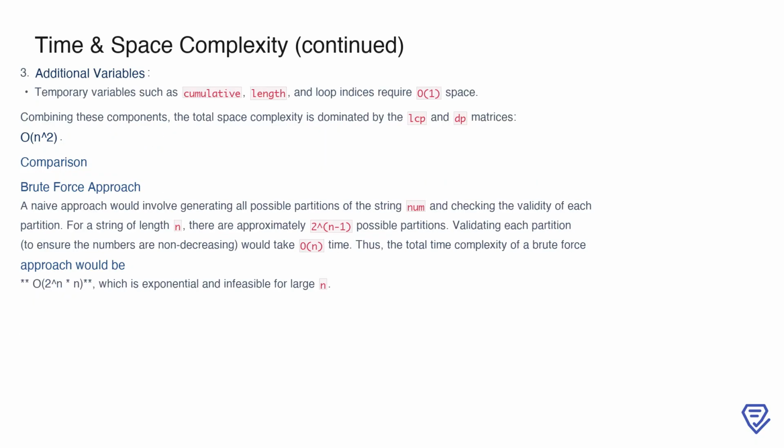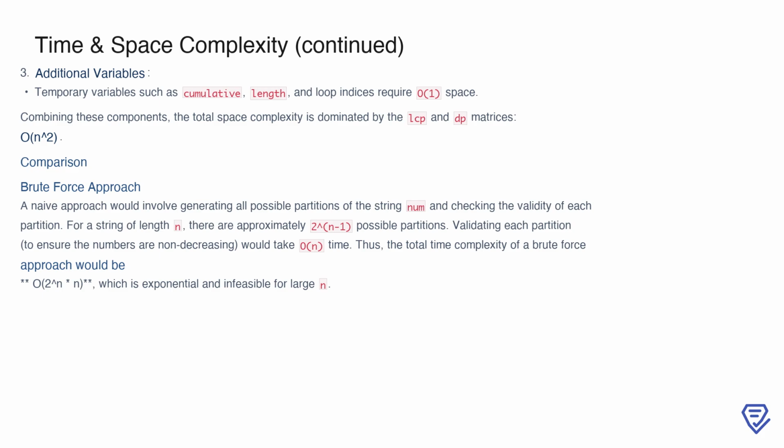In addition to the LCP matrix and DP table, the solution uses a few temporary variables such as cumulative, length, and various loop indices. These require constant space, or O(1). When we combine all of these components, the total space complexity is dominated by the LCP matrix and DP table, resulting in O(n²).